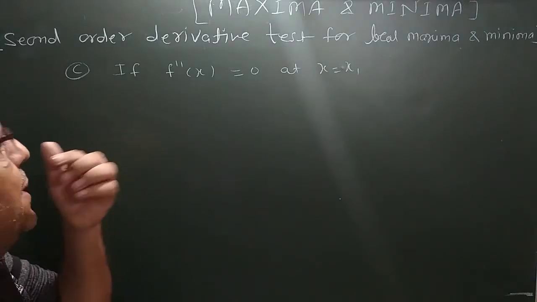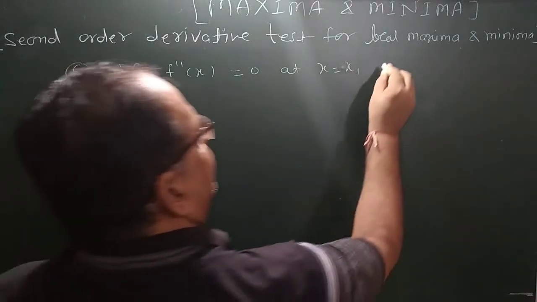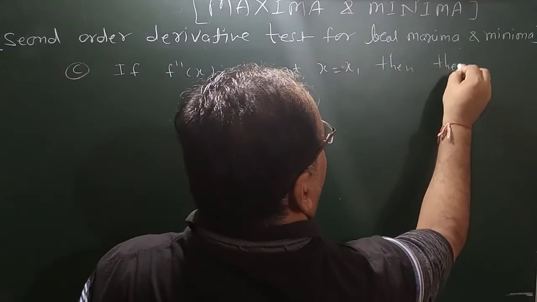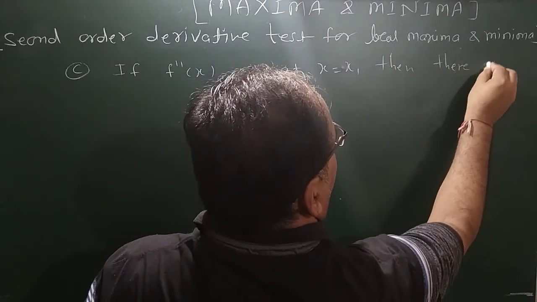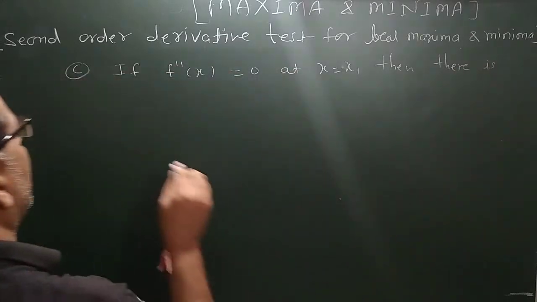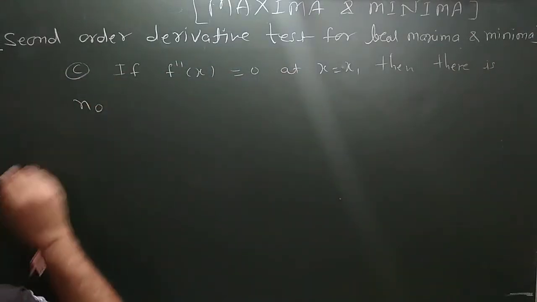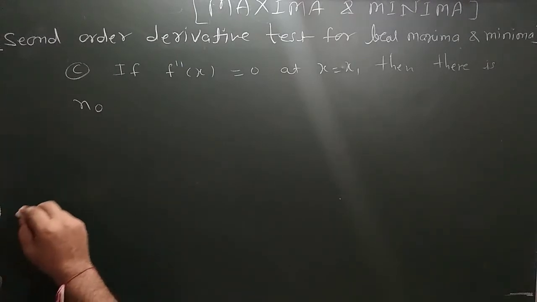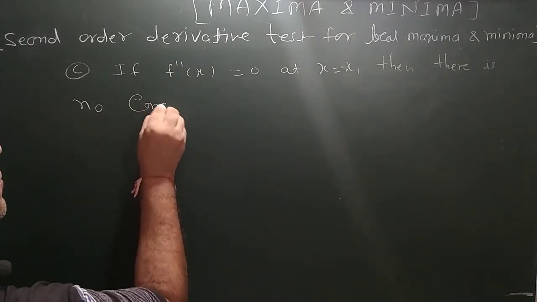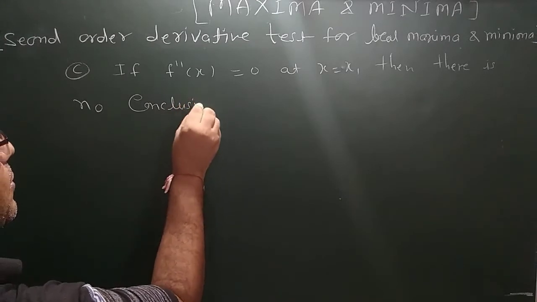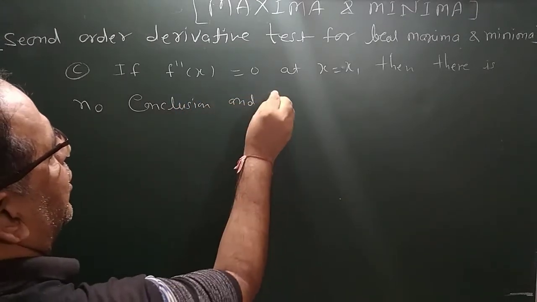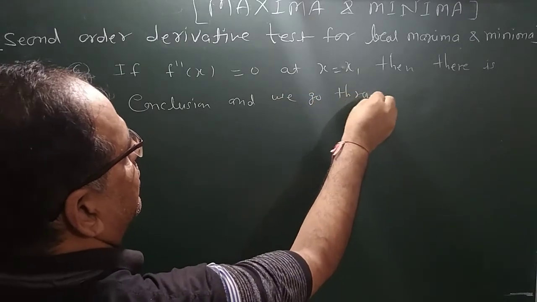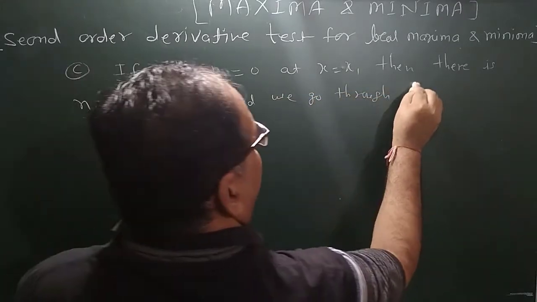But if f double dash x is 0 at x equal to x1, then there is no conclusion, and we go through the first derivative test.